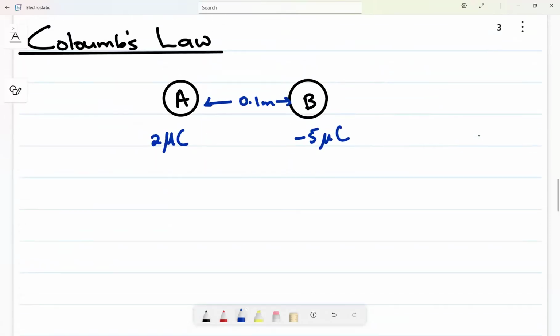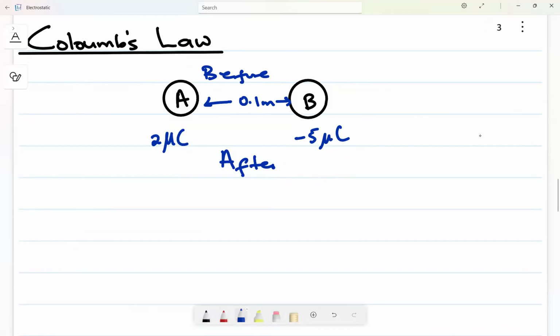Now, let's say we are told that these objects come together, then separate. Before separation, they were like that at a distance of that.